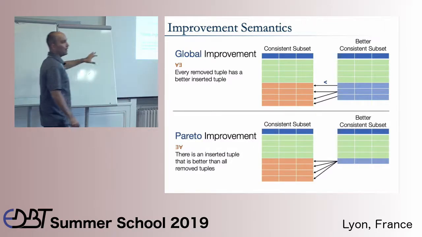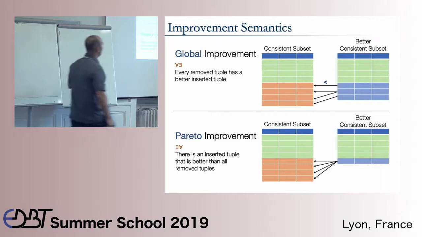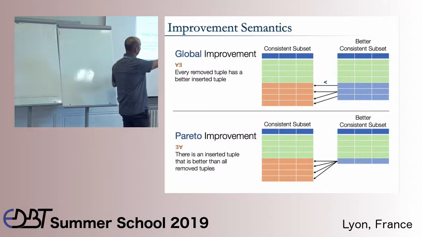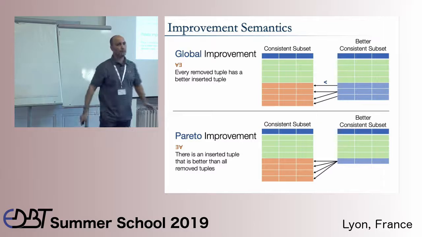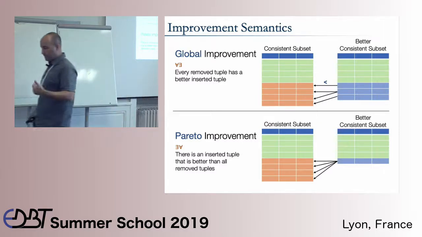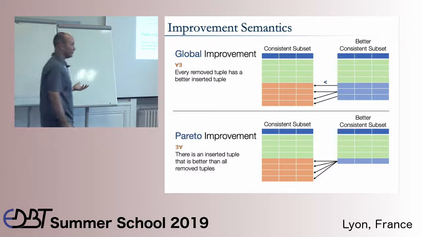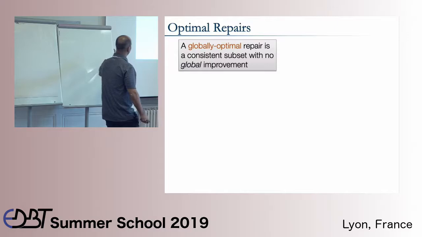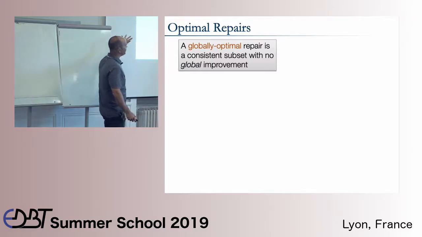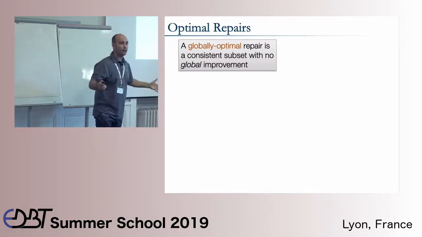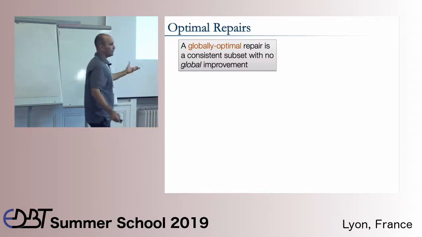Another definition is Pareto improvement. The right one is better if there is one tuple that is better than all of the tuples that are unique only to the left subset, on the left but not on the right. And then based on these improvement definitions, you can define what it means to be a globally optimal or an optimal consistent subset.